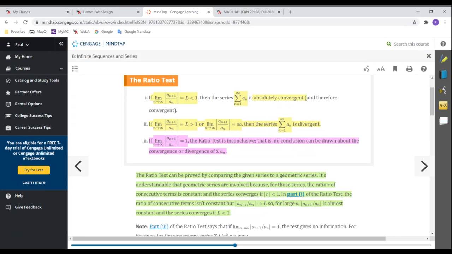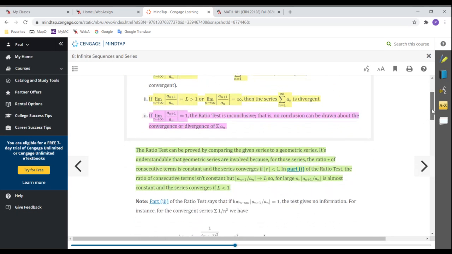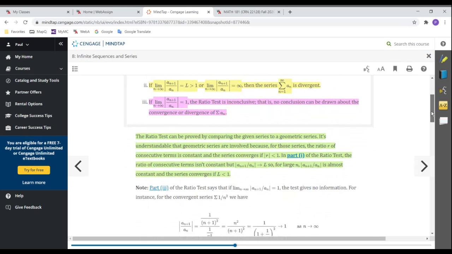Eventually the terms of your series will behave like a geometric series. But of course, if in part 3 you get this result where the ratio of the n plus first term to the nth term equals 1, then the ratio test is inconclusive.